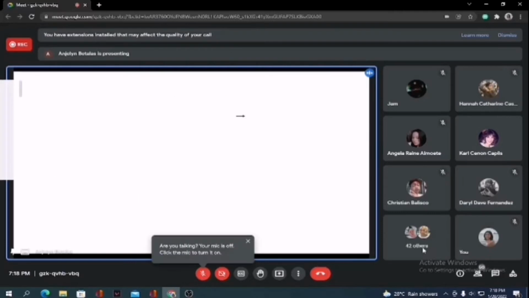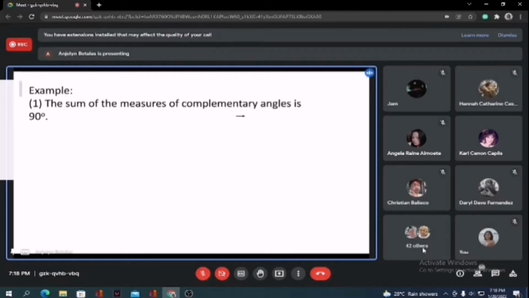Okay, next question. The sum of the measures of complementary angles is 90 degrees. What we need to do is identify the hypothesis and then the conclusion. Actually, this is a theorem, class. The statement concludes that the sum of the measures of complementary angles is 90 degrees.